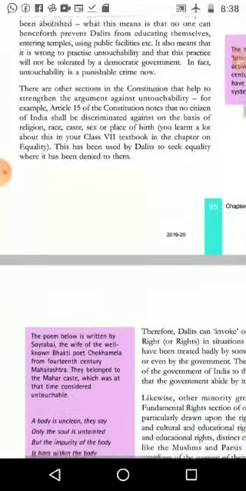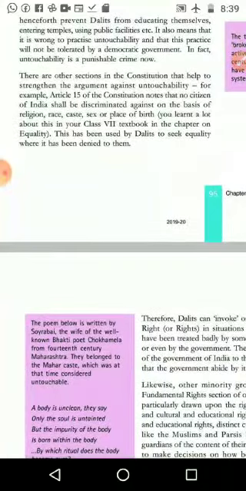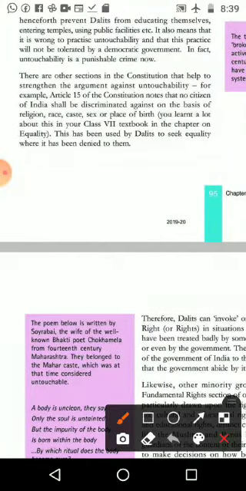So Article 15 of the Constitution notes that no citizen of India shall be discriminated against on the basis of religion, race, caste, sex or place of birth. So for any one of these reasons, we should not get any separation in the society.